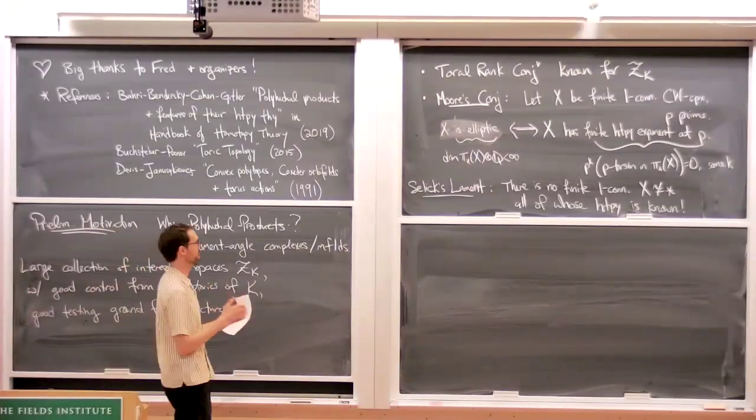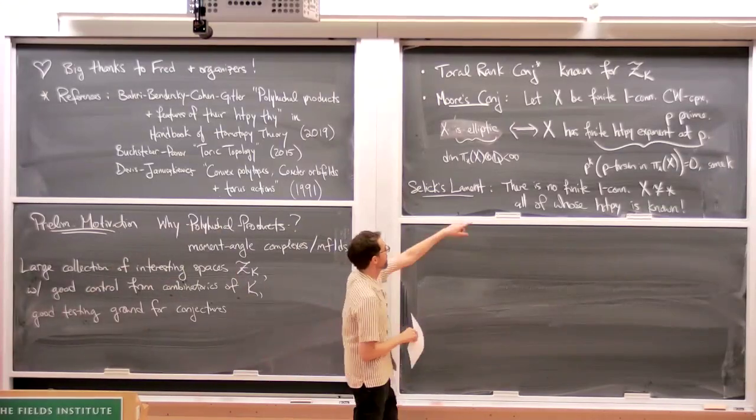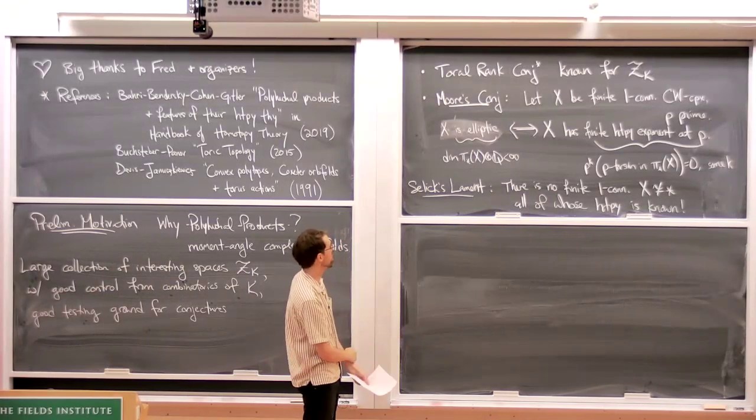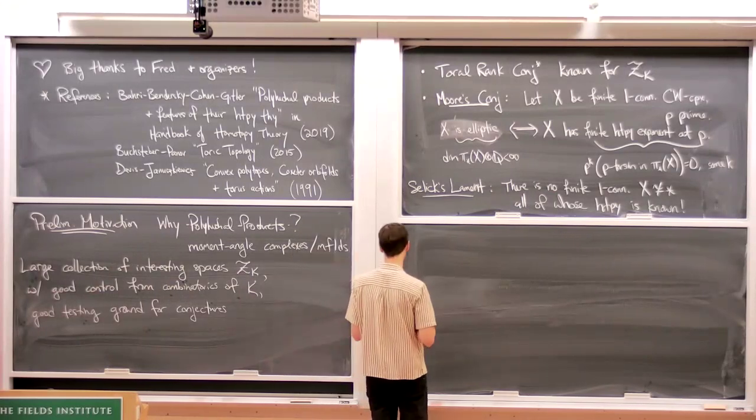Okay, so given that we don't know all of the homotopy groups of any space X, and this is asking something about all the homotopy groups of X, how could you possibly show that any X has an exponent?